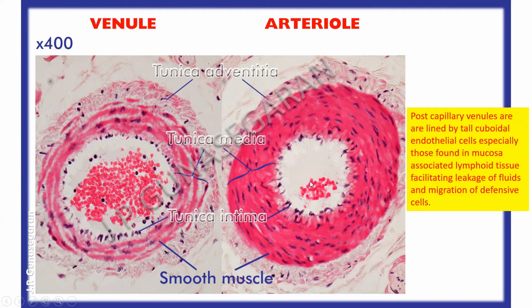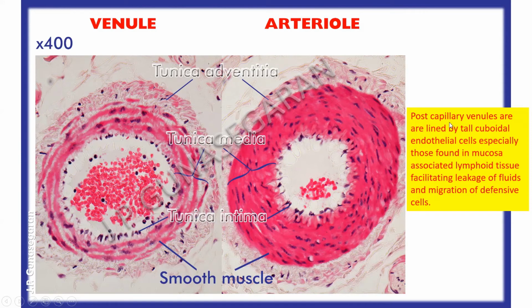The blood in the lumen is relatively less in the arteriole than in the venule. The tunica media is thin and is made up of a few layers of smooth muscle fibers. Here, the tunica media is thick with many layers of smooth muscle in the arteriole.